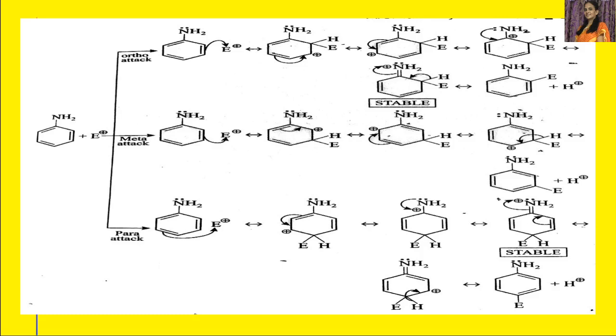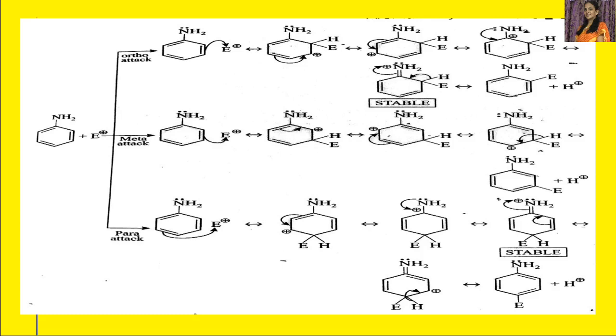Now next one, let's say the para attack. When this electrophile goes to this para carbon, that is the fourth carbon, then what happens? With the help of this pair of electrons, or this pi bond's electrons, it forms a bond with this para carbon. See, a sigma bond is formed between this fourth carbon and the electrophile, and the adjacent carbon gets the positive charge.